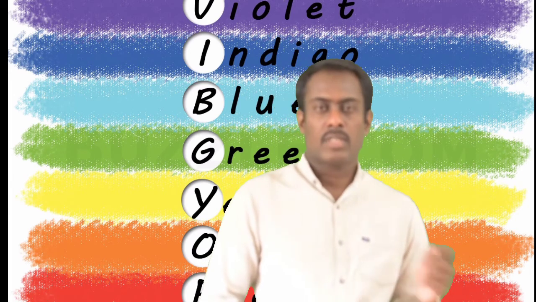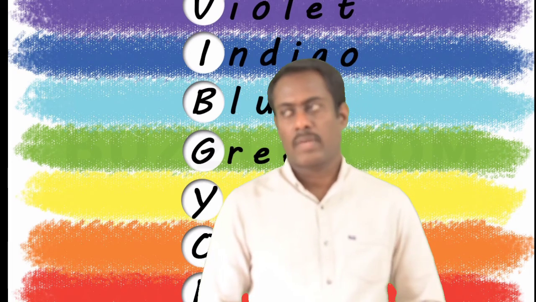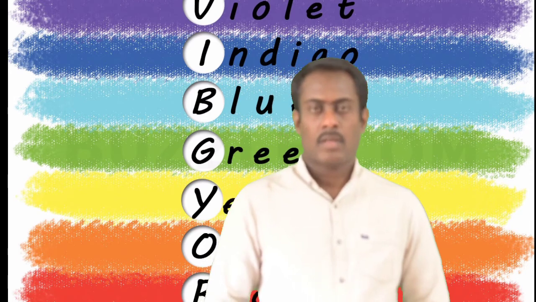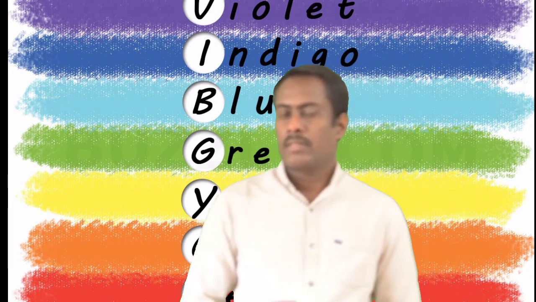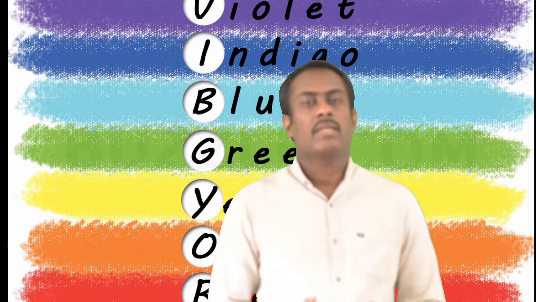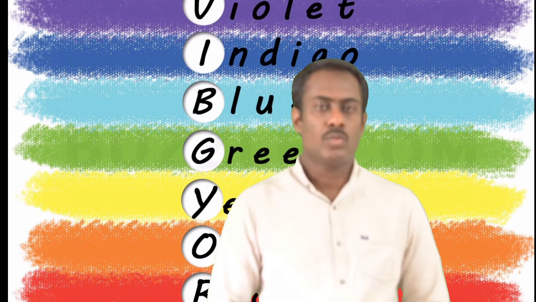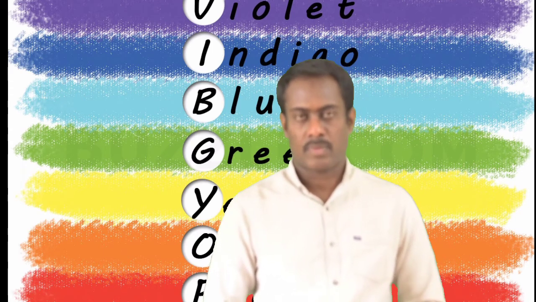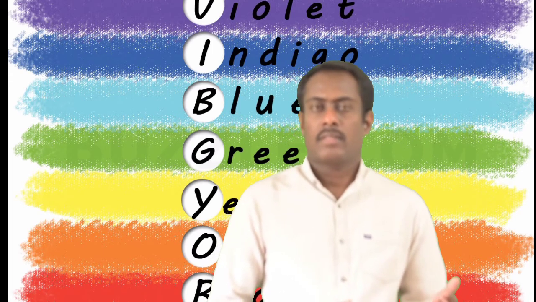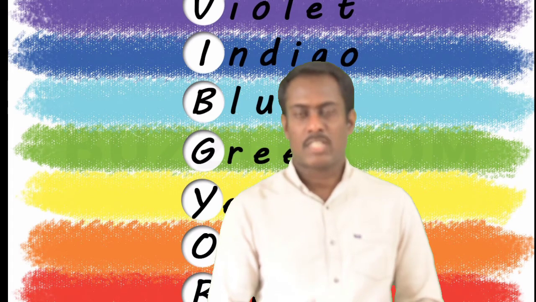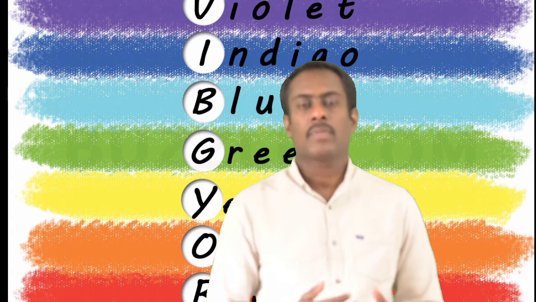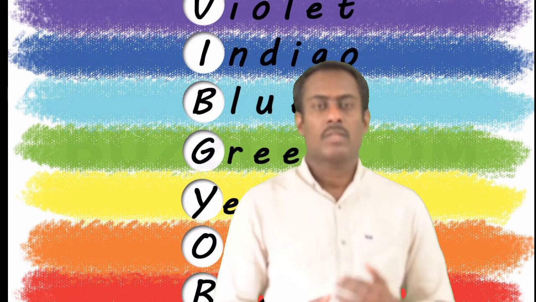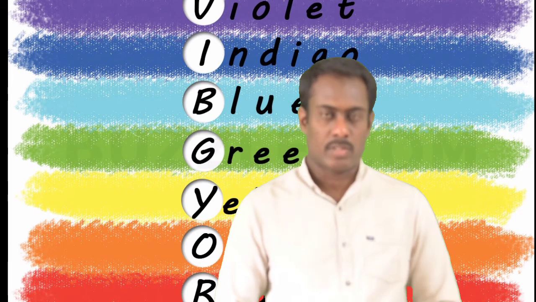we must go back to the refraction of light through the prism. The prism splits the light into a band of various colors. It is not just a simple splitting, but the colors are split on the basis of their wavelength.